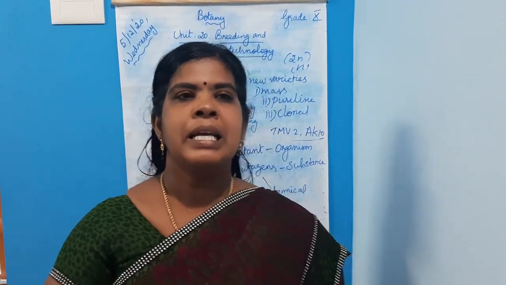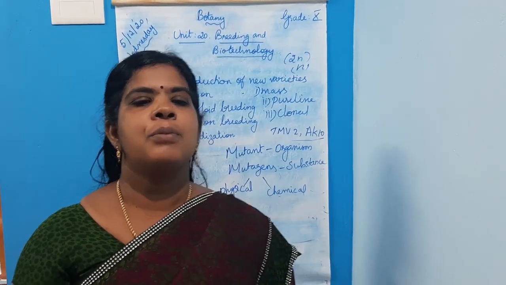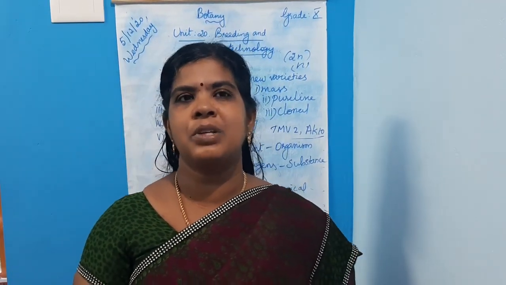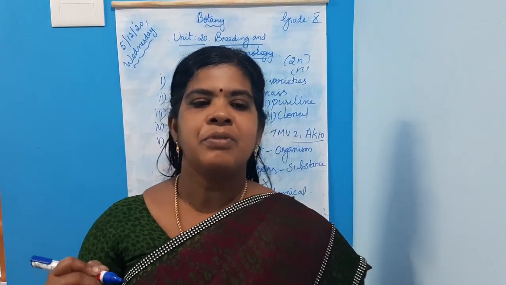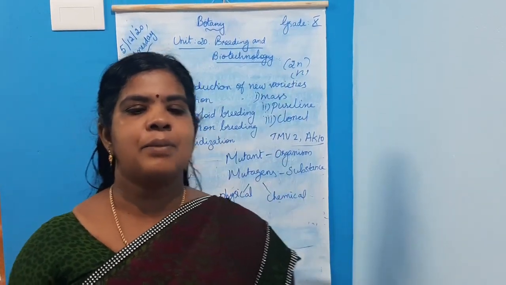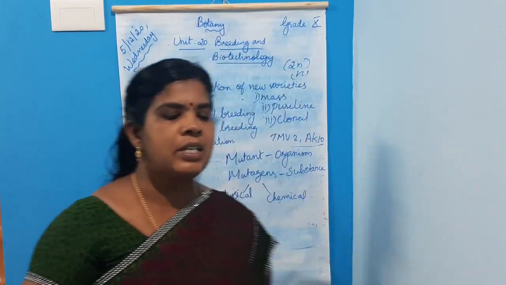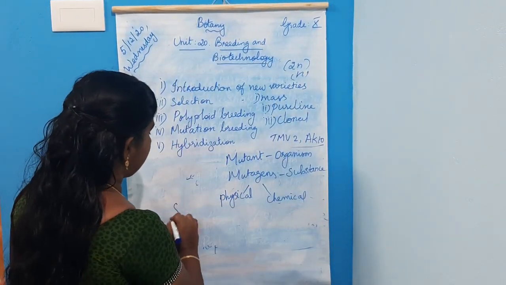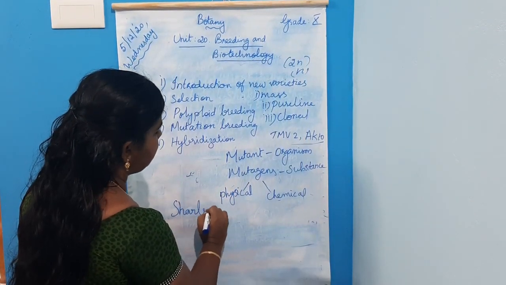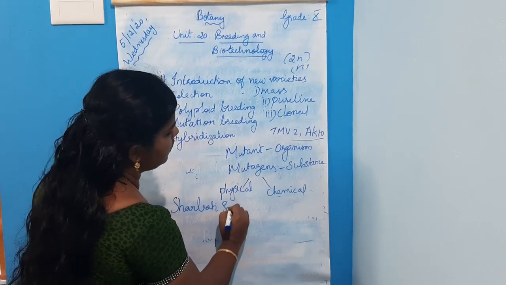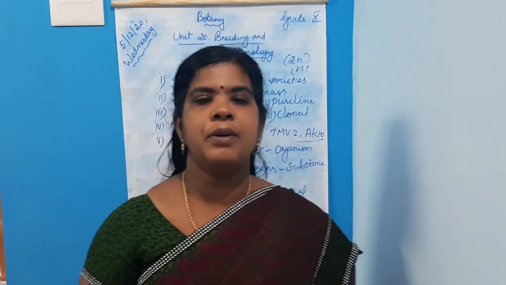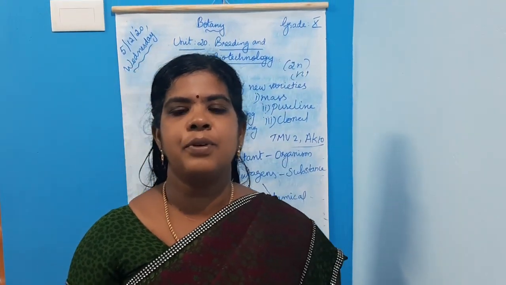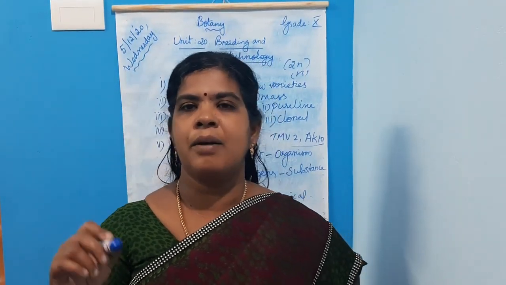Next, achievements of mutation. Through mutation, certain achievements are there. First one is Sharbadi Sonora. It's a wheat produced from Sonora 64 by inducing gamma rays.